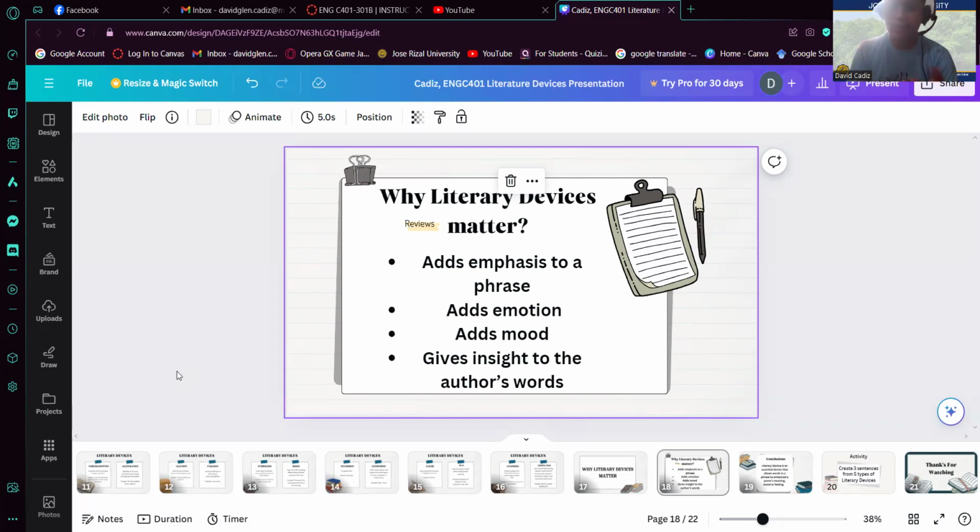In turn, readers would not enjoy it. Giving literary devices to these literary works allows the readers to enjoy the work, but also gives more insight into what the author wants to tell. And in turn, it highlights important phrases and even makes some fun while at it.